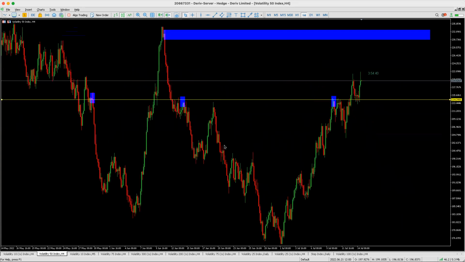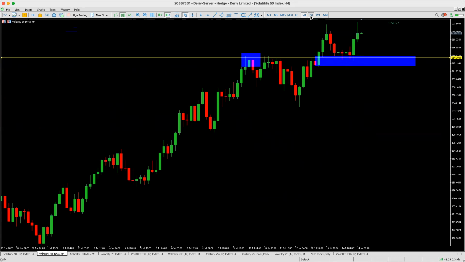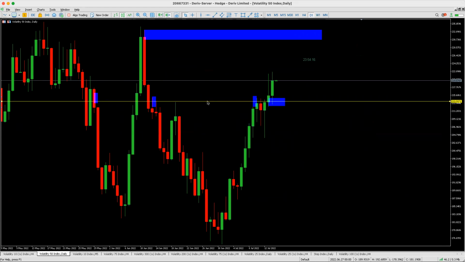Now that we got that out of the way, pay attention to what's happening right now. We can clearly see that this is an order block, and this order block is at the exact level where this line is. Let me mark that line properly and lock it.